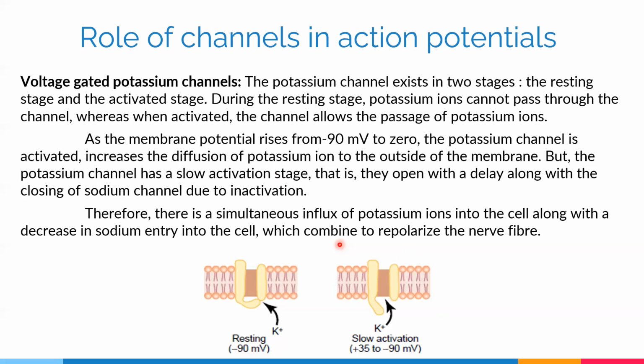So there is the inactivation of the sodium gate, which prevents further entry of sodium ions, and secondly there is the delayed opening of the potassium channels, which allows the flow of potassium ions out of the cell. Both of them together allow the repolarization process to start.